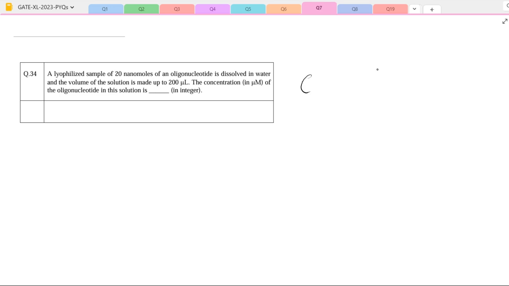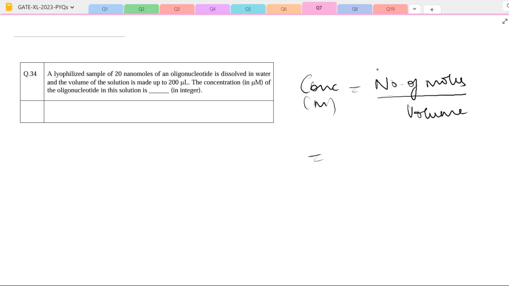First of all, concentration in molarity is given by the formula number of moles divided by volume. Here the number of moles is 20 nanomoles, which is 20 into 10 power minus 9. And the volume here is 200 microliters, so you have to convert it into liters, which is 10 power minus 6, because it's in molarity.